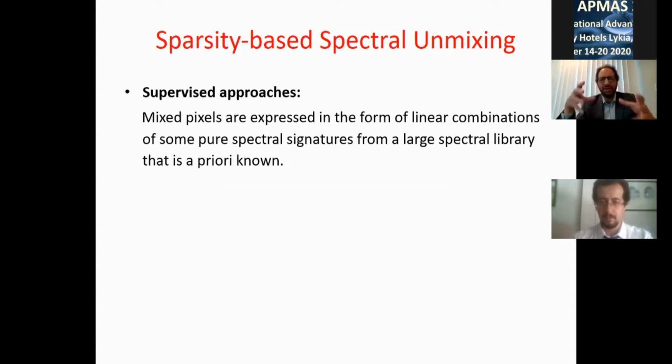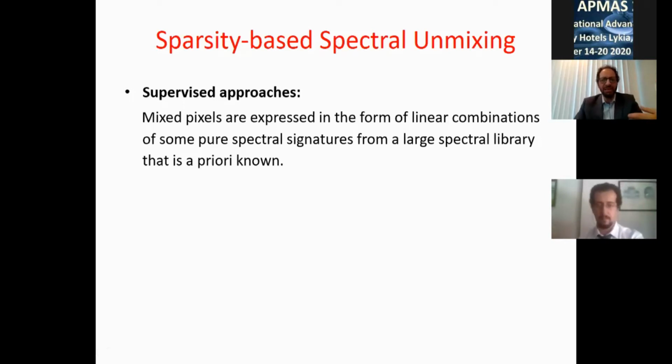If you have this cube, this data, and you're trying to solve for these unknown spectra of materials in this hyperspectral imaging cube, you can do it in two ways. You can do it in a supervised approach, where you have a spectral library, and now you're trying to find out, among these spectra, which ones are available in your data.